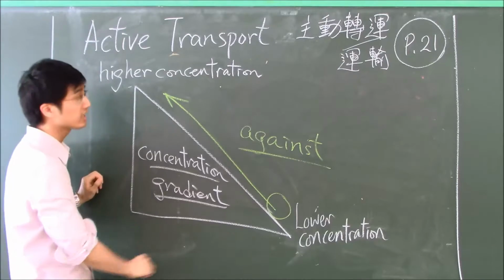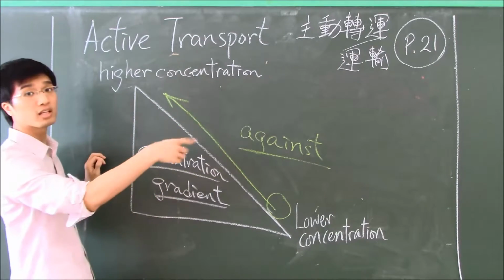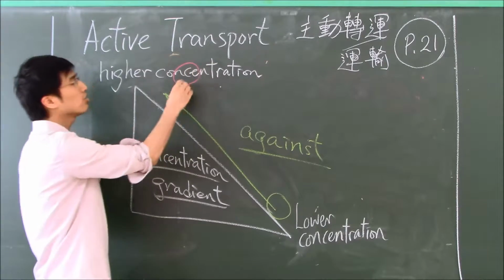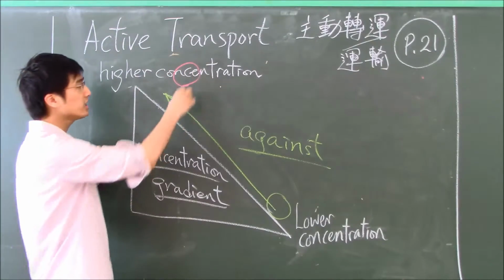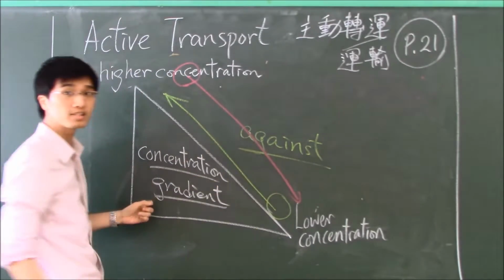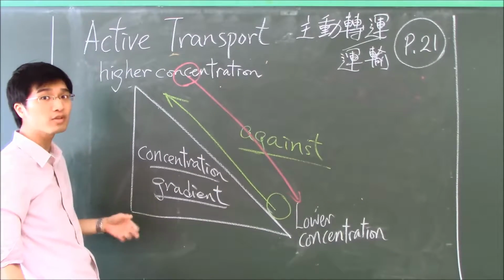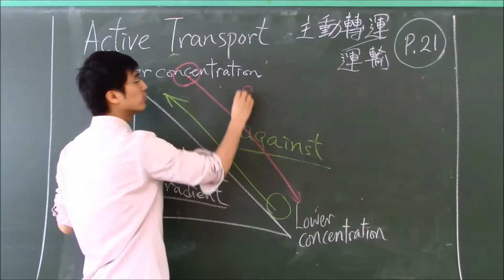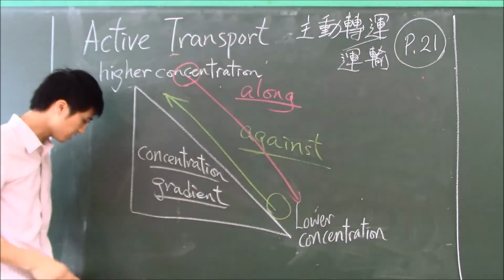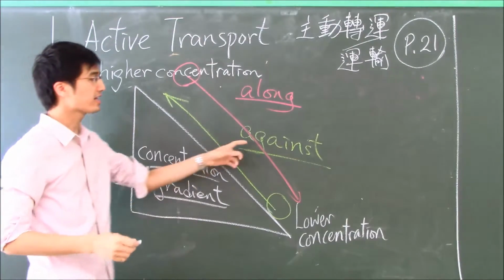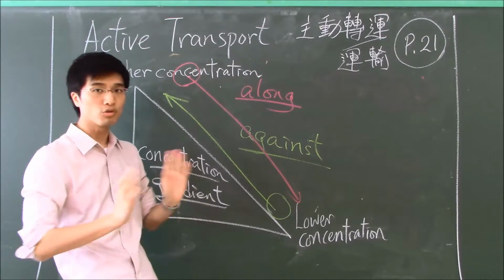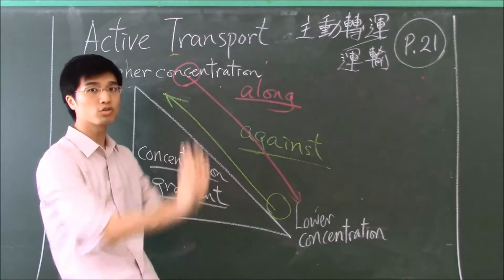But before that, you should remember, if we are talking about the concept of diffusion, particles over here will travel down the concentration gradient. But how can we say down? We say along. In this case, the difference is that against the concentration gradient is an active process. You push it from the lower point to the upper point.